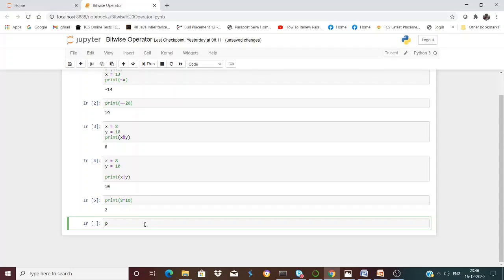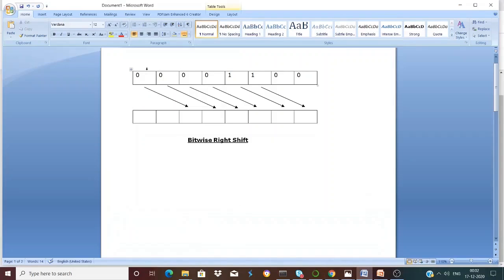So let's take a number 12 and apply the bitwise right shift operator, and let the value of the second operand be 2. As the value of the second operand is 2, every bit of the first operand is going to shift 2 places to the right. So let's see how this shifting actually happens. This is the binary representation of the first operand, that is 12.